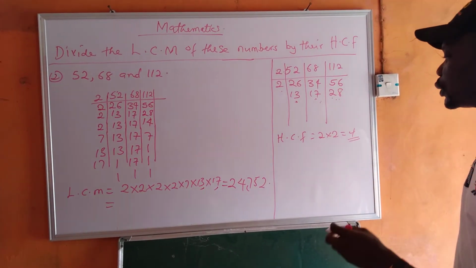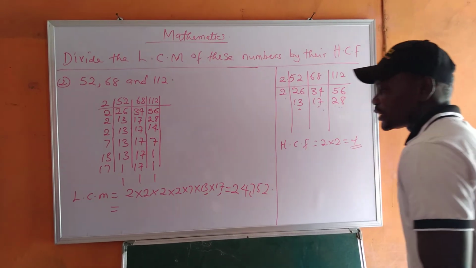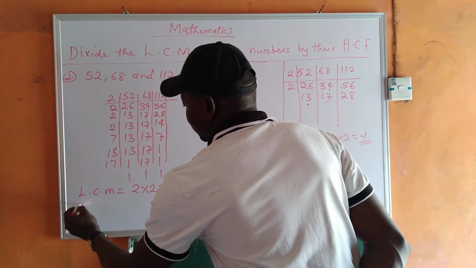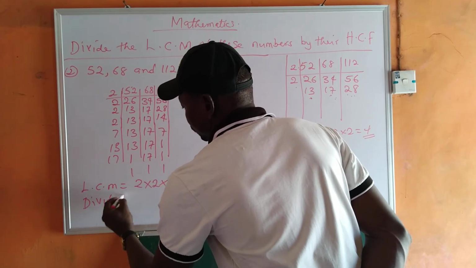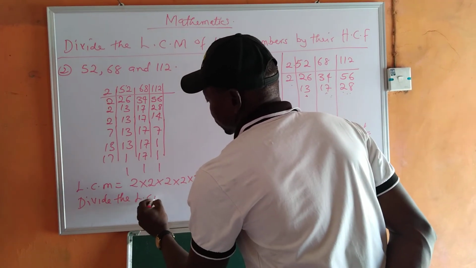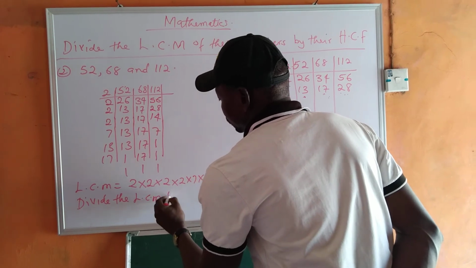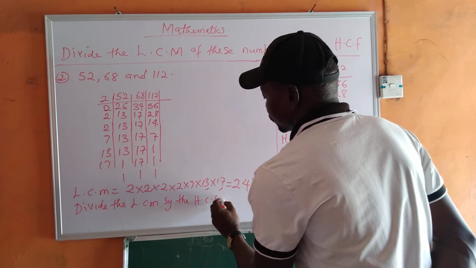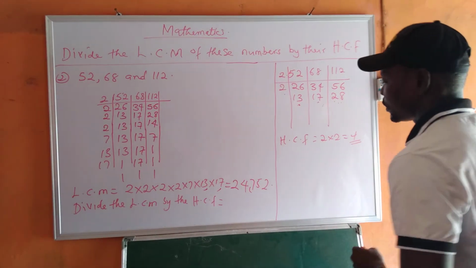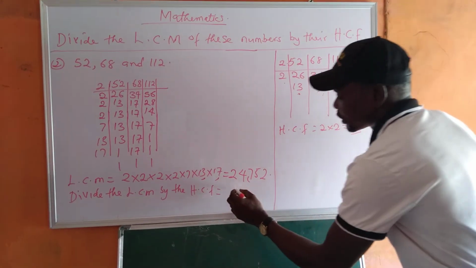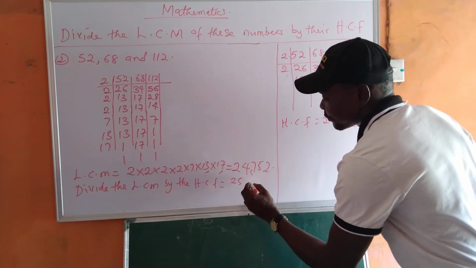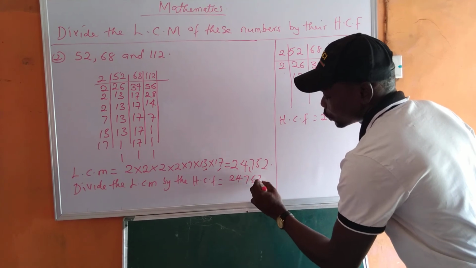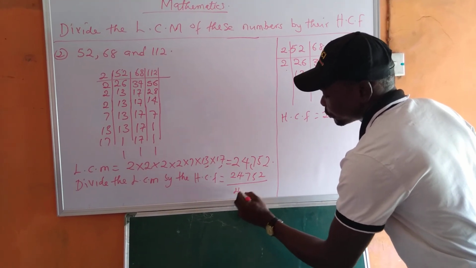So we're now going to use our value, dividing the L.C.M by the H.C.F. The L.C.M divided by the H.C.F will be equal to 24752 divided by 4.